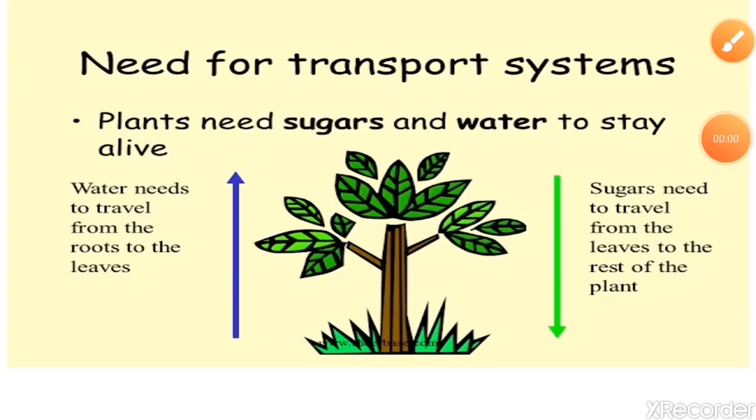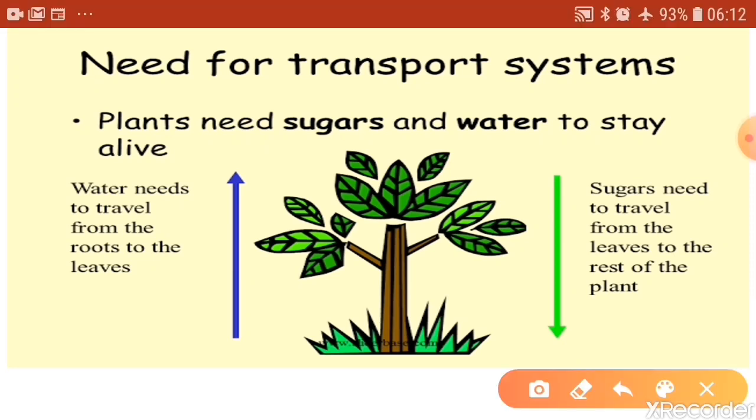Let us now know, why do plants need a transporting system? Now, as you all know, plants are producers. They prepare their own food from simple inorganic substances. So for making food, they require substances like carbon dioxide. There is a requirement of water.